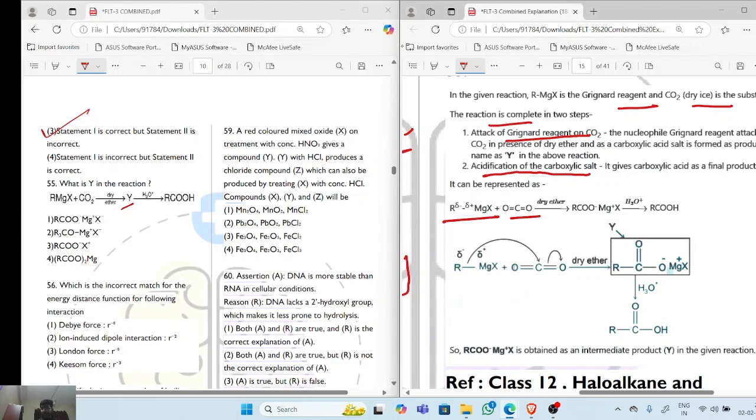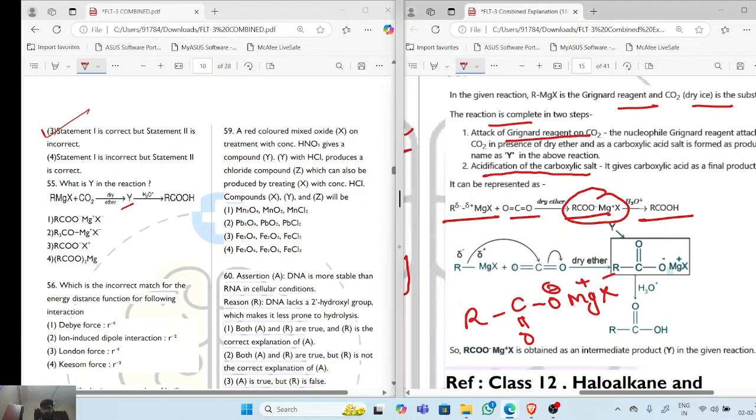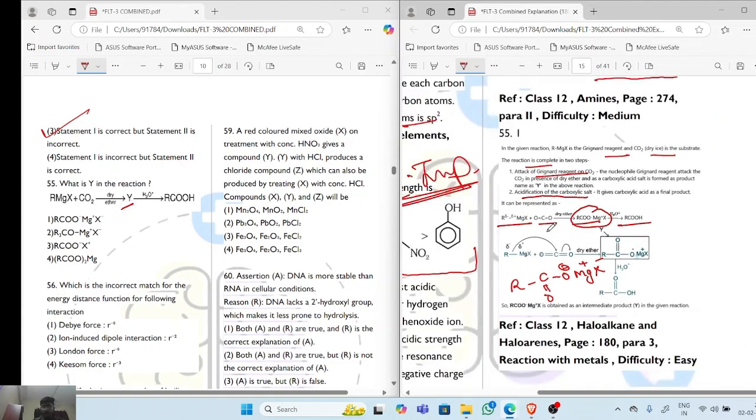It reacts with CO2 to form RCOO minus with MgX plus, and on hydronium ion it gives the RCOOH group. It is asking for Y, and Y is RCOO minus, Mg positive and X minus. So the correct answer will be option number 1.